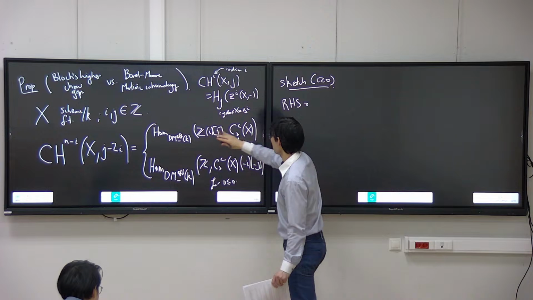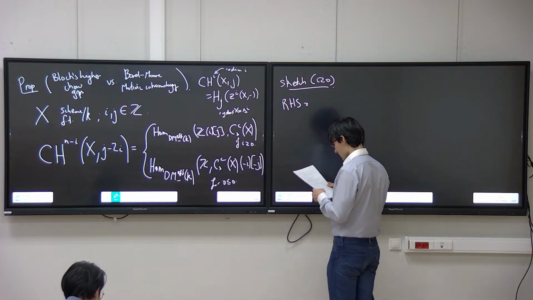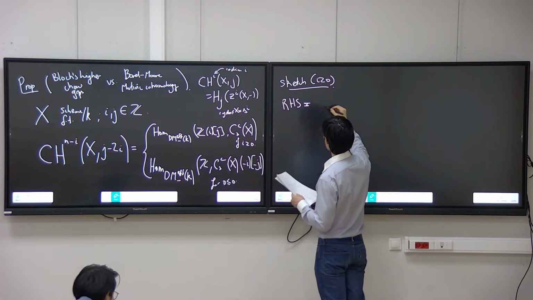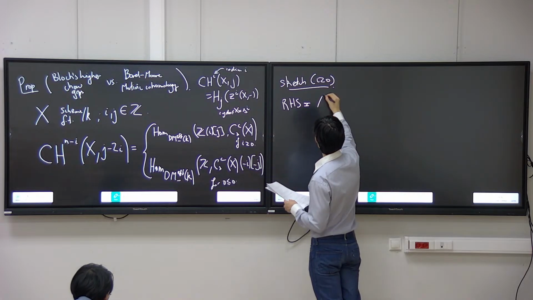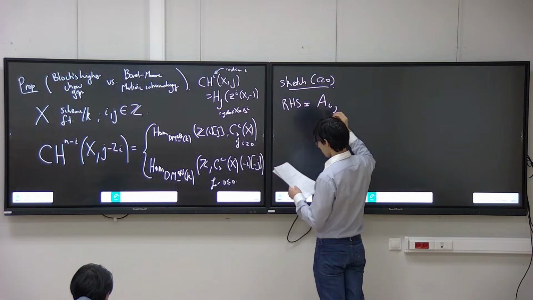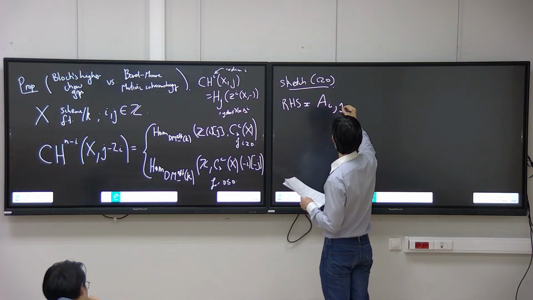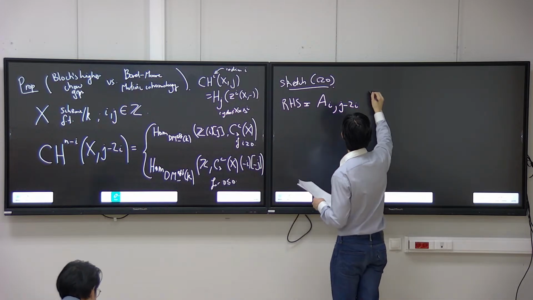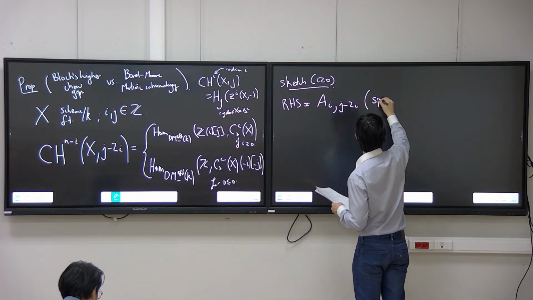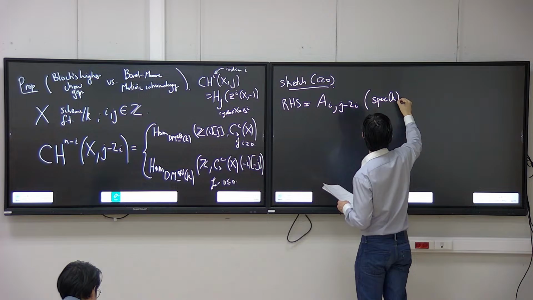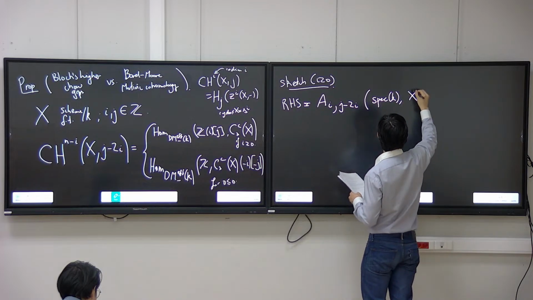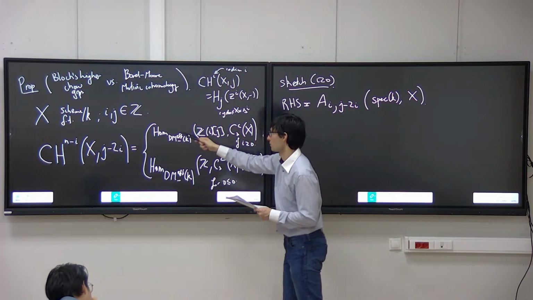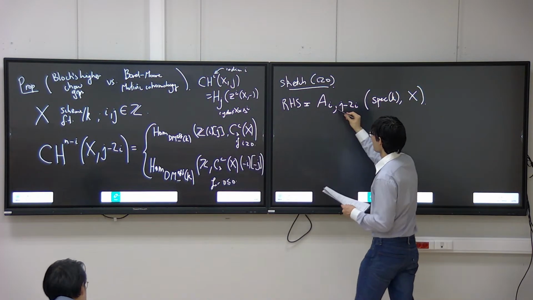So this thing here, by definition of what these bivariant cycle cohomology groups were, this is, I just trust the indices that I wrote down here, j minus 2i of Spec of k, of X. So yeah, this is just some bivariant cycle cohomology by definition.